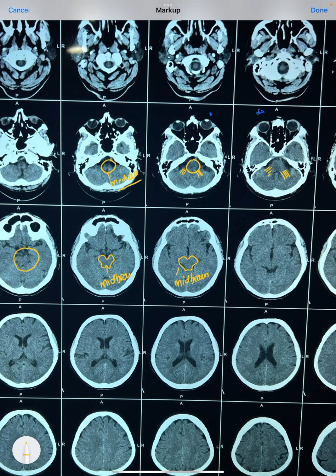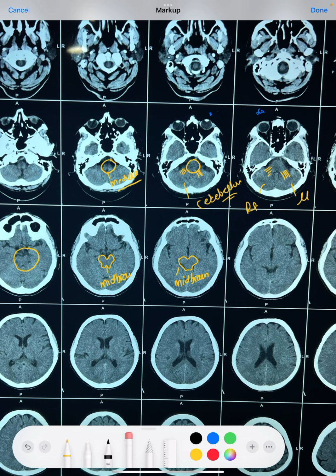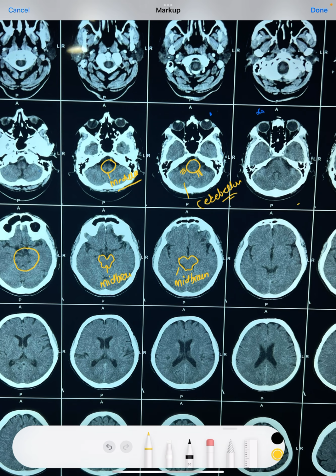So you know this brainstem, behind the brainstem, this is our cerebellum. Cerebellum has two cerebellar hemispheres, one is left and one is right. And the midline structure which we can see here is called vermis, and vermis has much of a role in maintaining balance.